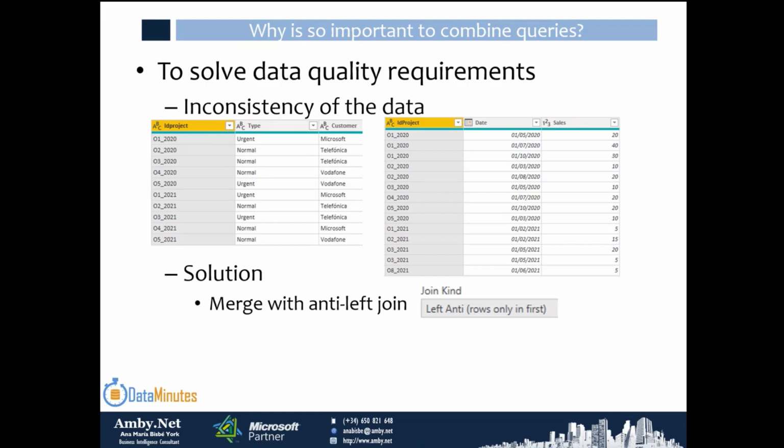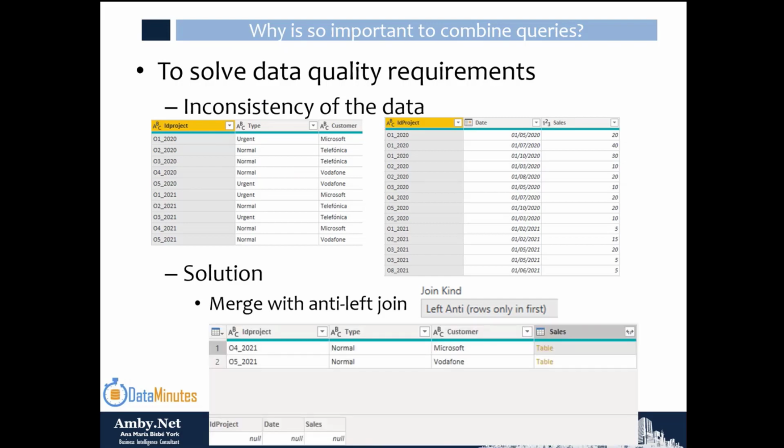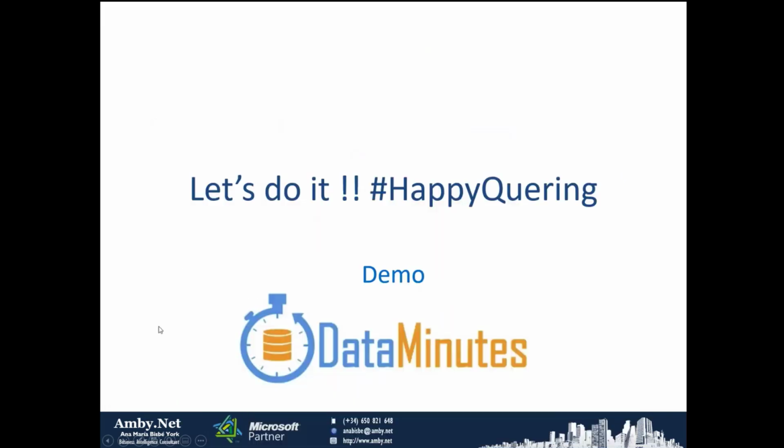And we will be able to obtain all the projects, for example in this case, that do not match with the sales table. Here we have the sales table and there are null values. Okay, let's do it. Happy querying.